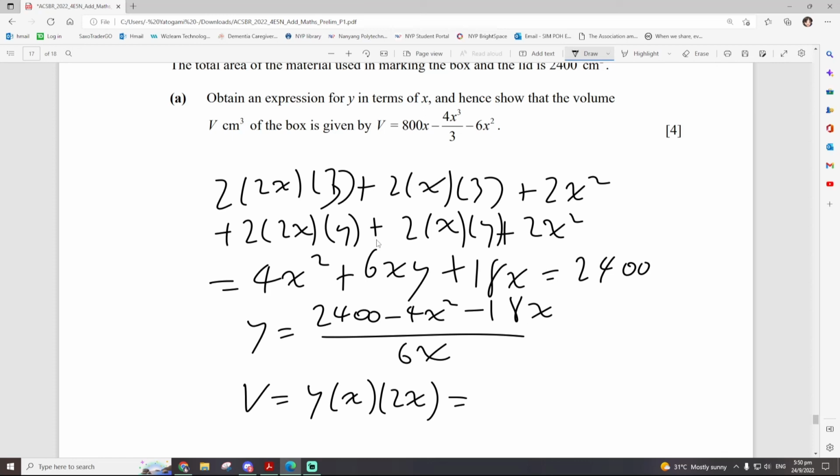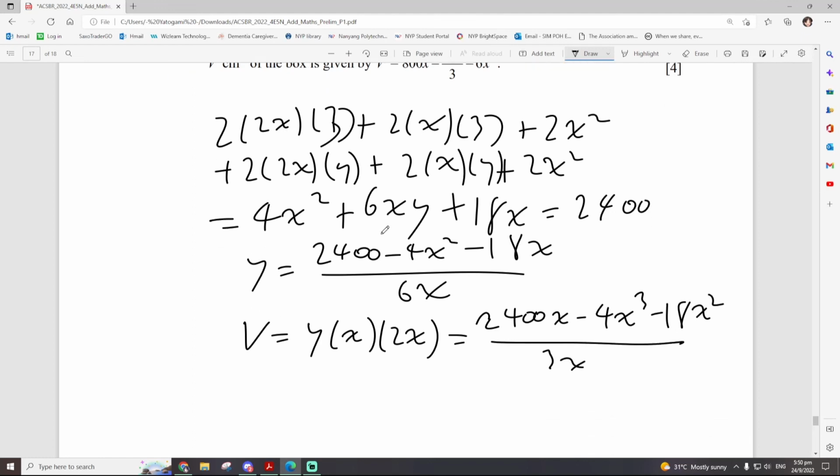So this gives me 2,400x minus 4x cubed minus 18x squared divided by 3x. Then I can split this into the individual terms. This gives me 800. Oh wait, this is squared, sorry.